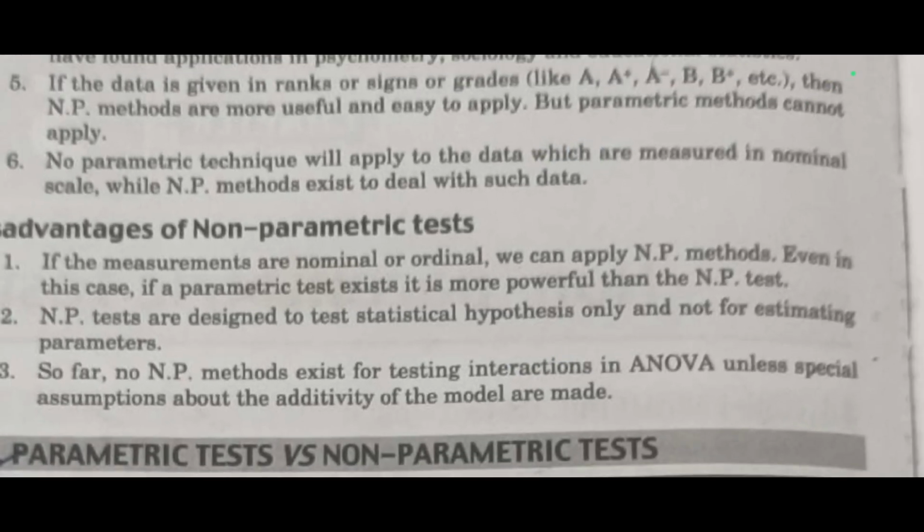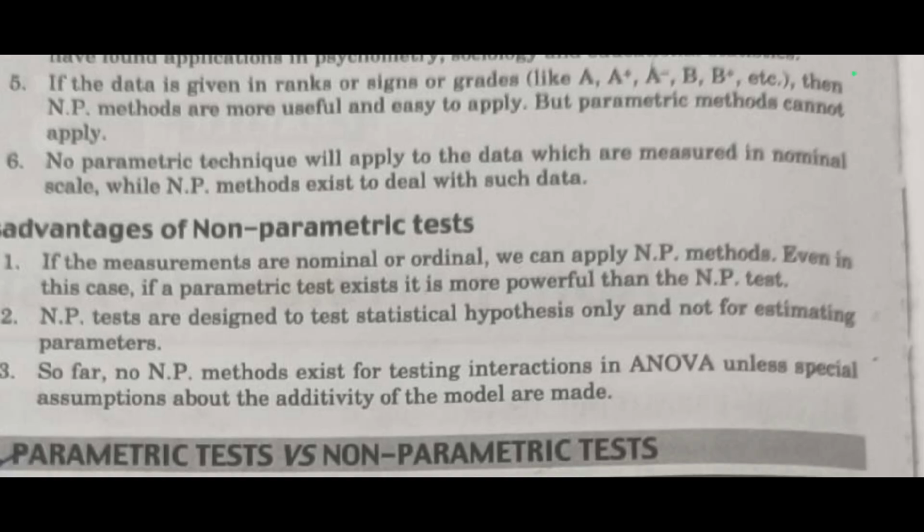If the measurements are nominal or ordinal, we can apply non-parametric methods. Even in this case, if a parametric test exists, it is more powerful than a non-parametric test. Non-parametric tests are designed to test statistical hypotheses only and not for estimating the parameters.